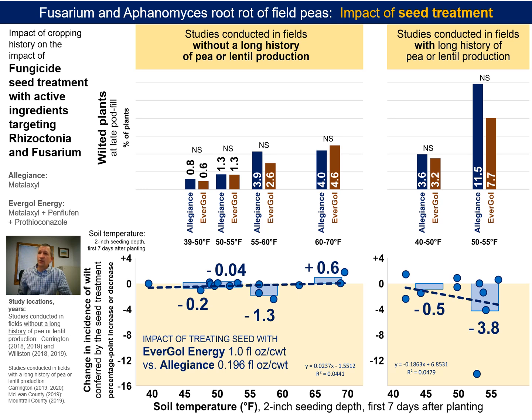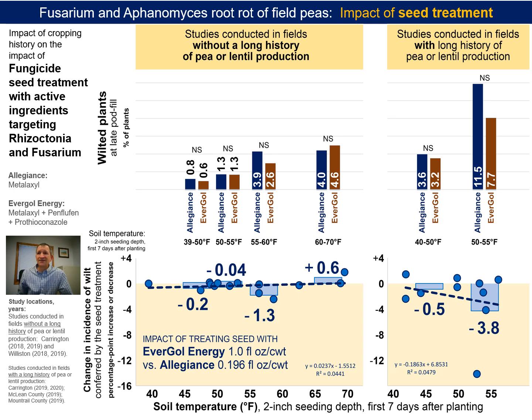Okay, now the question I always got as I was presenting these results, and again I'm presenting right now the results from our early testing from 2017 to 2020, was, well, can I see the same response to fungicide seed treatment in fields that don't have elevated Aphanomyces and Fusarium root rot, in fields that don't have a super long history of growing peas or peas and lentils?